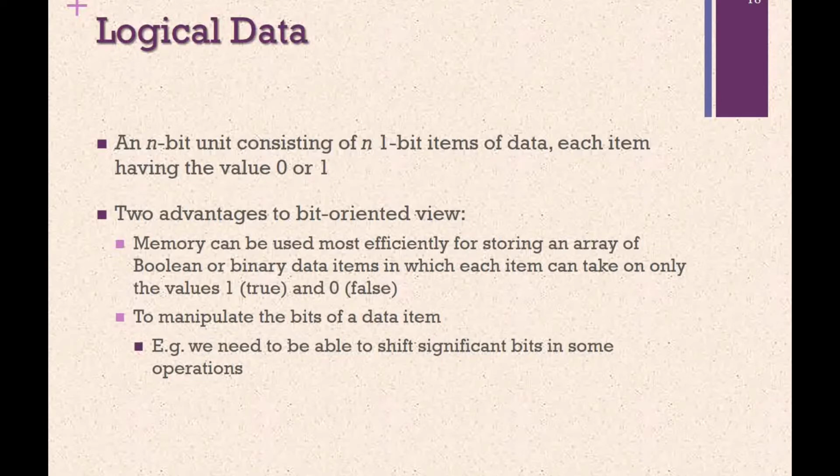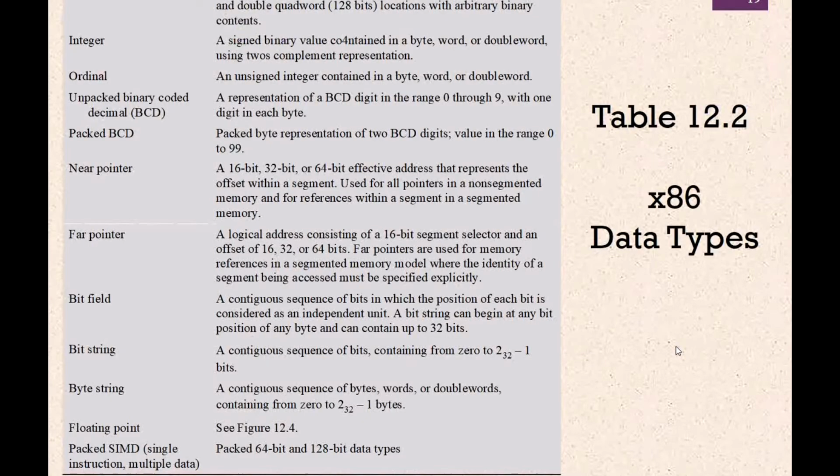To manipulate the bits of data items, we need to be able to shift significant bits in some operations, like shifting data left shift and right shift. We will discuss this in the next lecture.